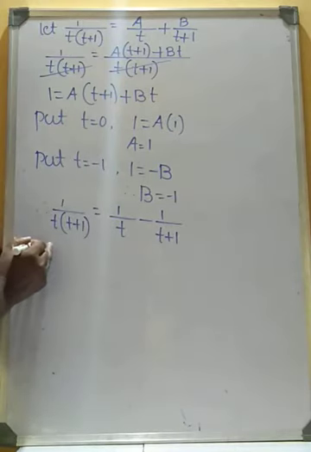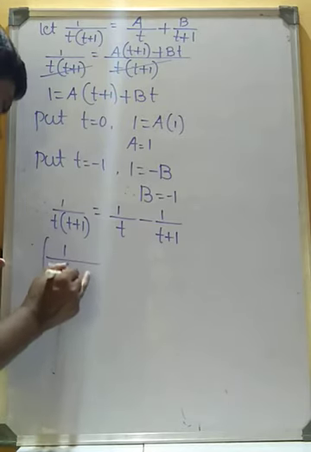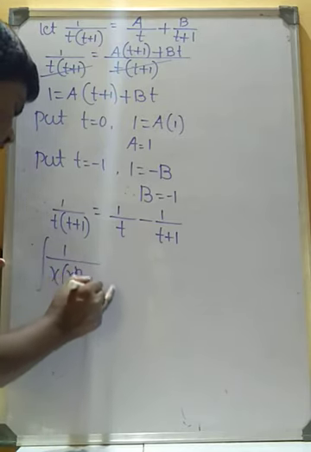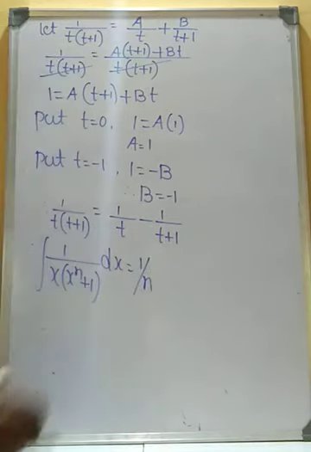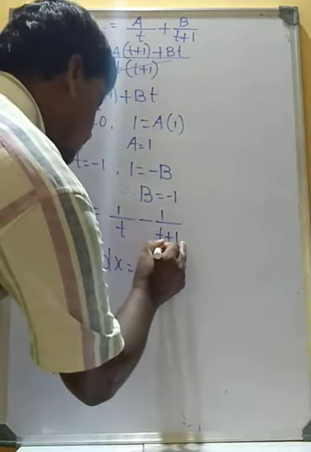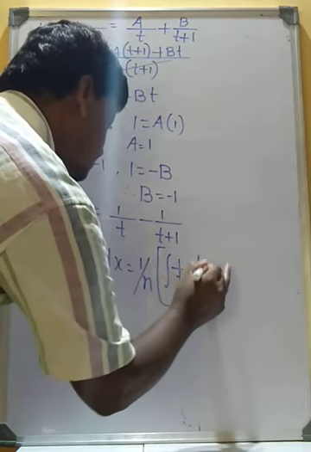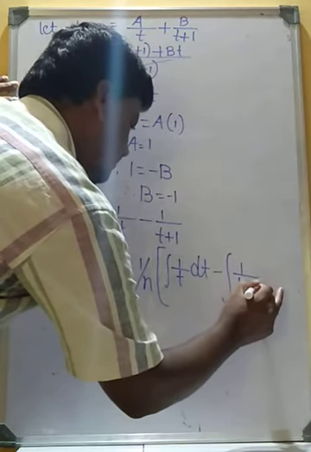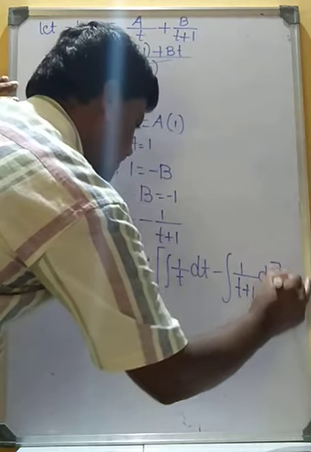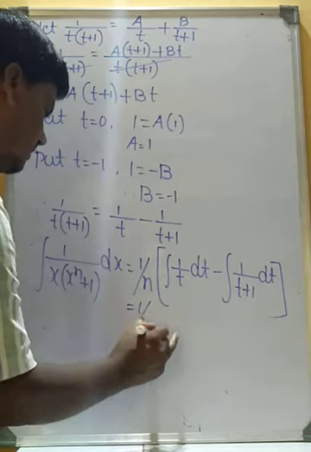So therefore the integral of 1 dividing by x into x to the power of n plus 1 into dx is equal to 1 by n into the integral of 1 divided by t into dt minus the integral of 1 divided by t plus 1 into dt, equals 1 divided by n.